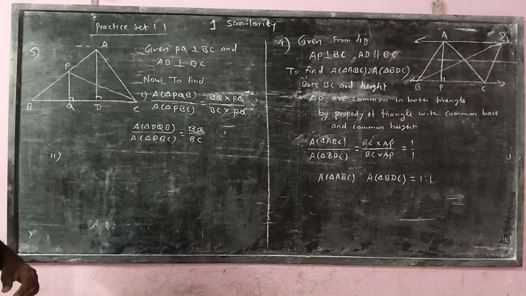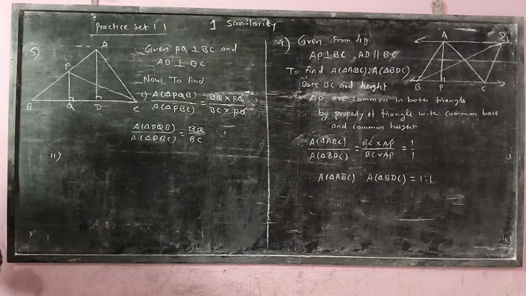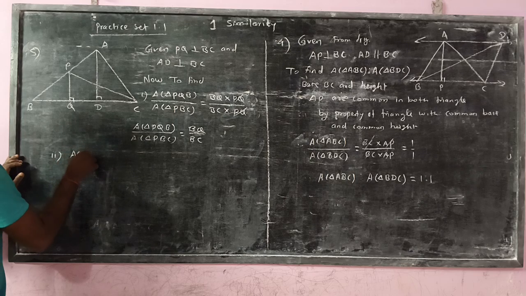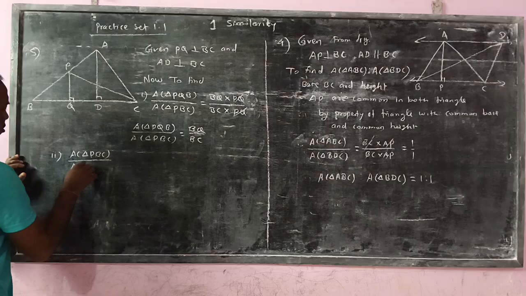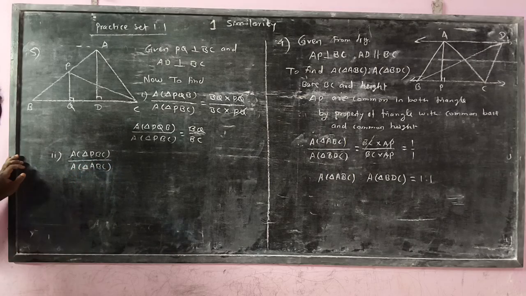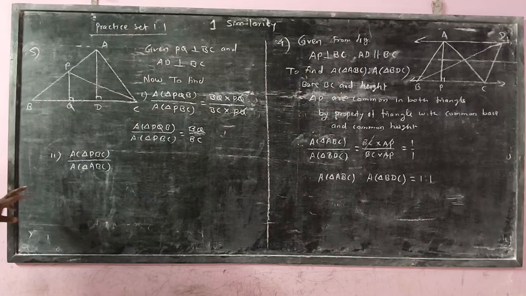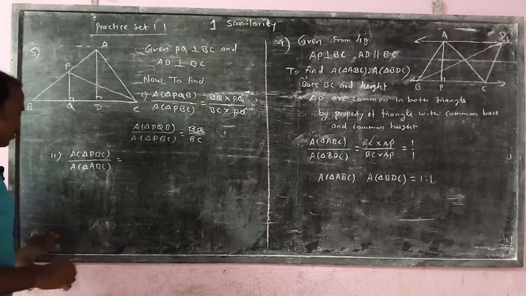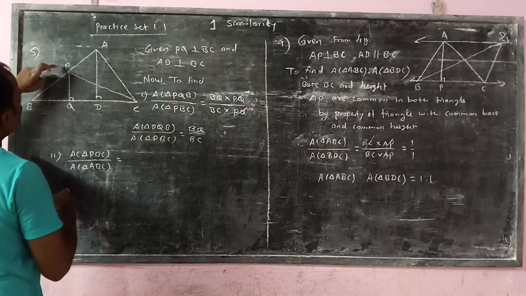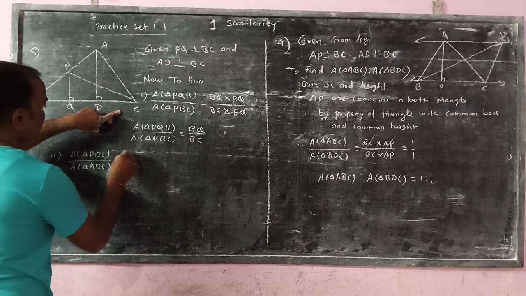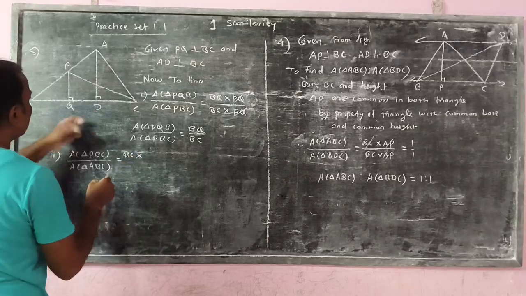Then the second problem, to find the area of triangle PBC divided by ABC. Area of triangle PBC upon area of triangle ABC. Now the ratio of the two different triangles, PBC base BC.